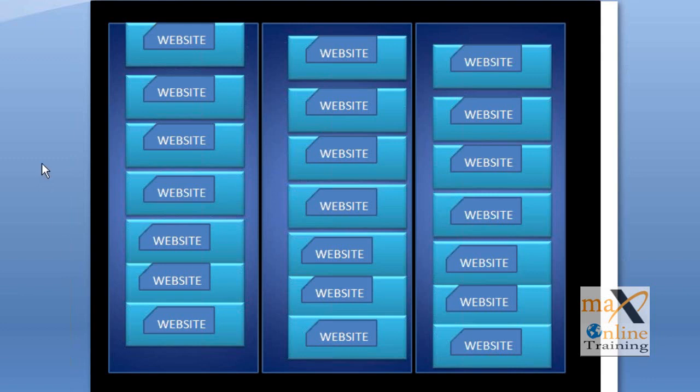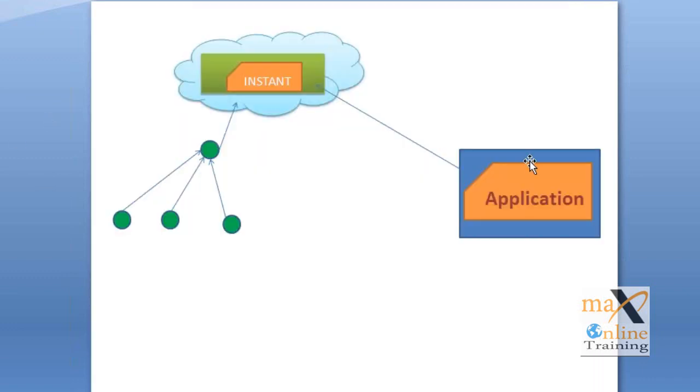So for this case, people had a thought to implement cloud computing technology. In cloud computing technology, what are the people going to do? They design one application, build one application and place this application on a centrally located server.